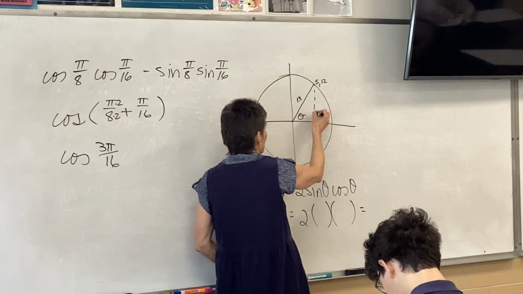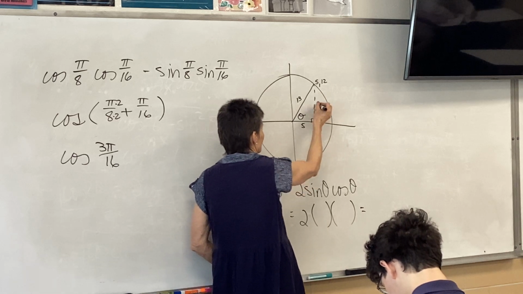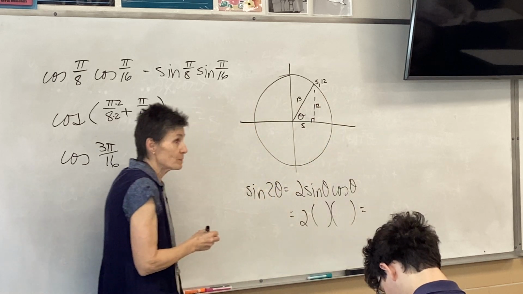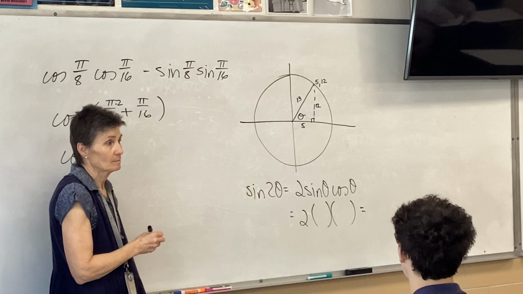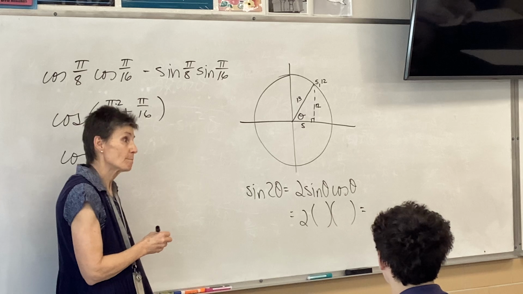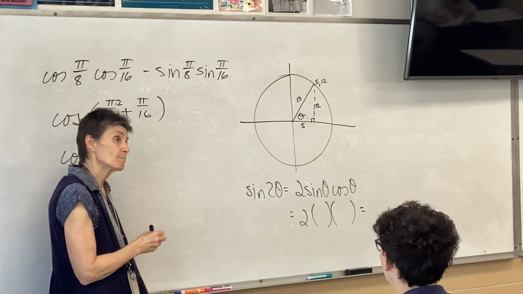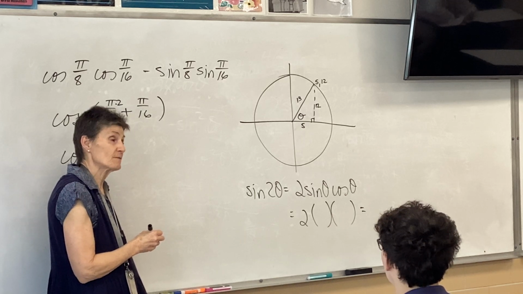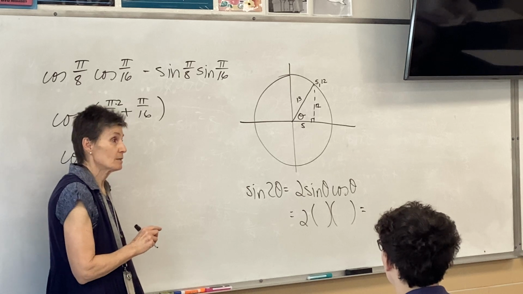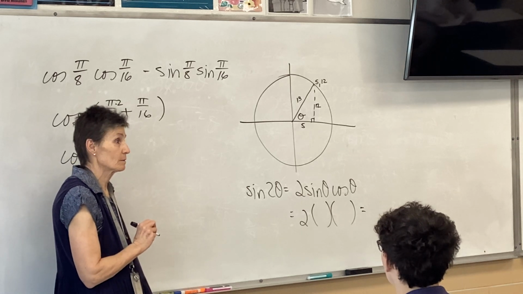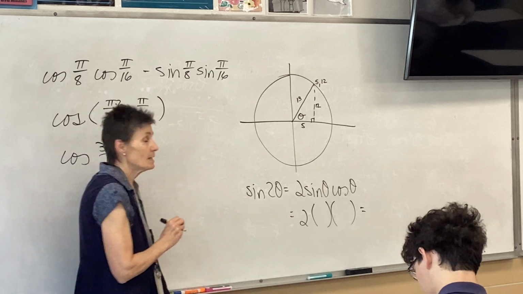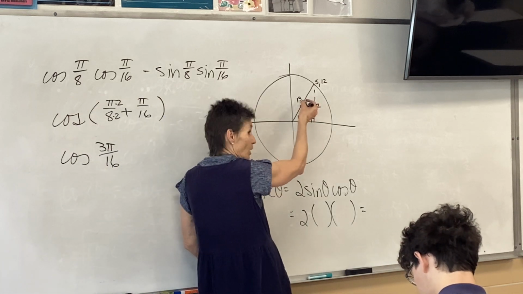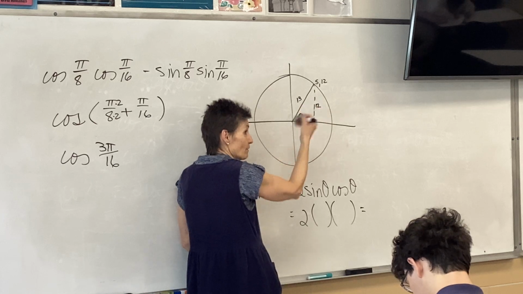So a couple different ways you can think about this. Can you tell me what the cosine of that angle is? Cosine is x over r, so it's 5 over 13. It's also adjacent over hypotenuse, 5 over 13.